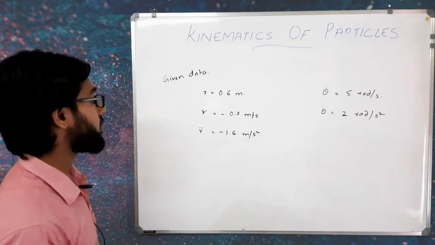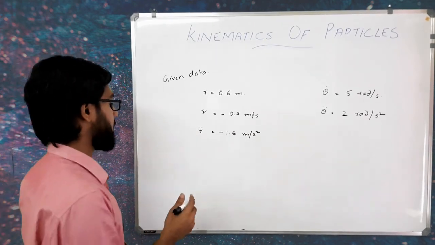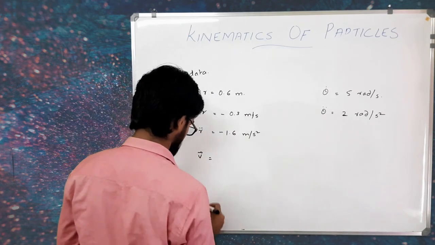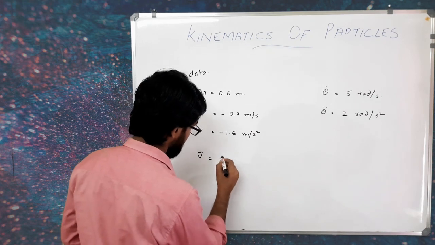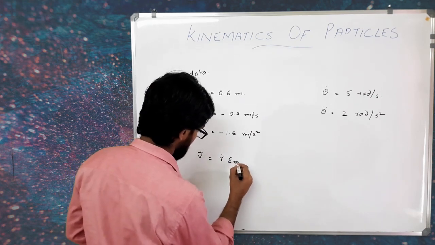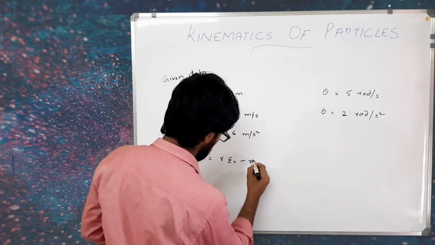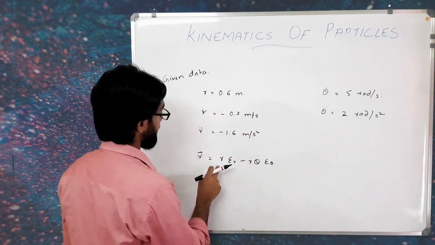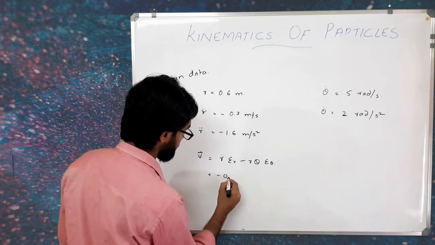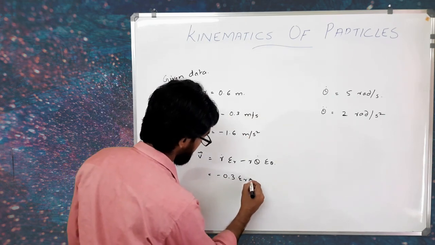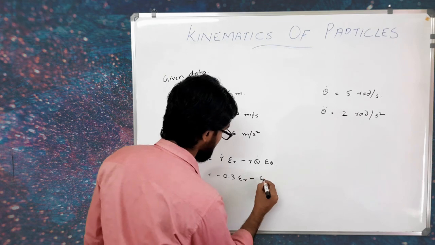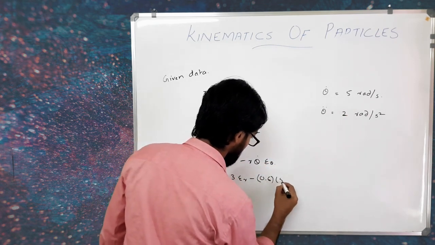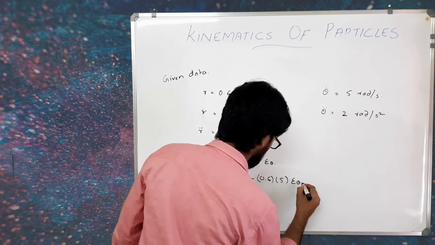Now here the corresponding velocity vector v will be equal to r dot epsilon r plus r theta dot epsilon theta. Now every value is given to you, so minus 0.3 epsilon r plus the value of r is 0.6, theta dot is 5, into epsilon theta.